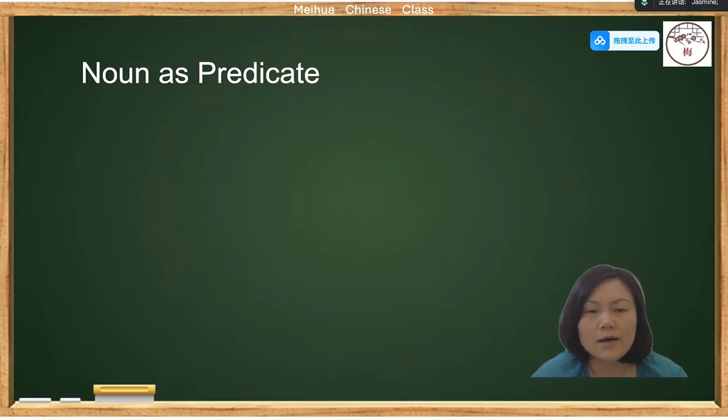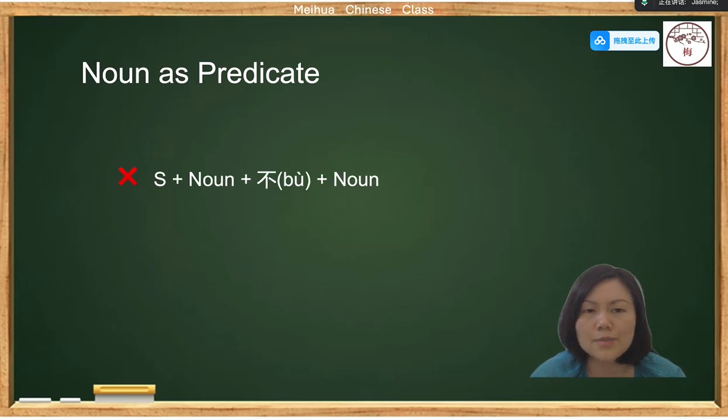Okay, let's have a little more introduction about the predicate. In Chinese language, the predicate can be a verb, mostly, or an adjective. Also, it can be a noun. But do we have this similar structure for noun?